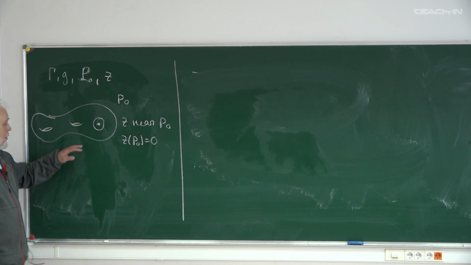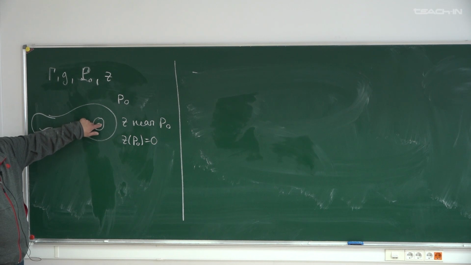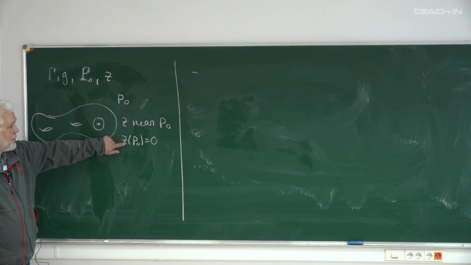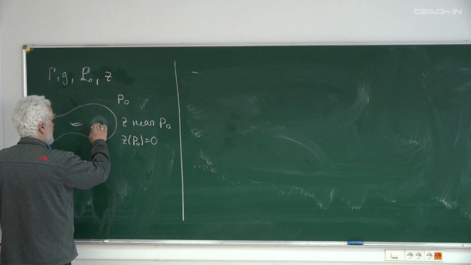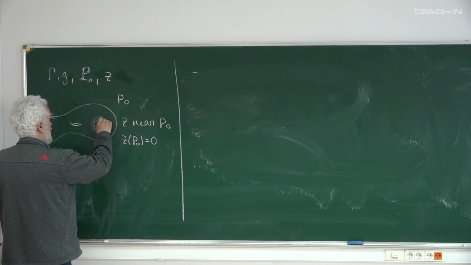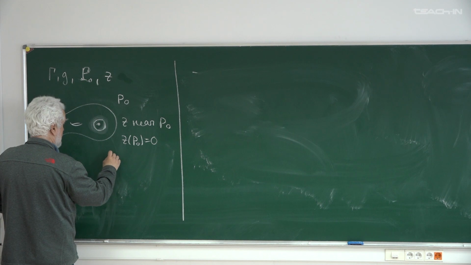Assume that we have a little more. We have a Riemann surface with a marked point and a local coordinate near this marked point. Moreover, we have also this condition that at the marked point the coordinate equals 0. And moreover, assume that we have a circle.